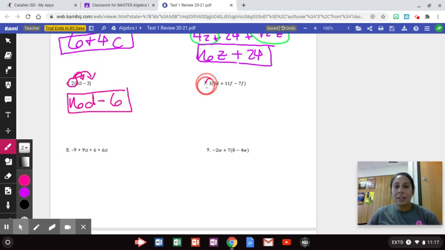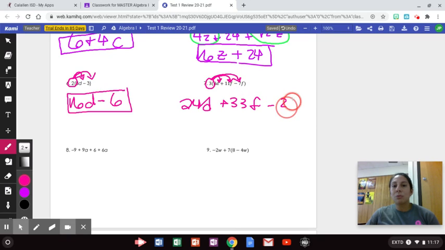Next one, on the outside, we have a 3. So 3 gets multiplied by the 8, 3 gets multiplied by the 11, and 3 by the -7. So first off, the 3 times your 8 gives you 24D, plus we have 3 times 11, which is 33F, and then minus 3 times 7, which is 21F.